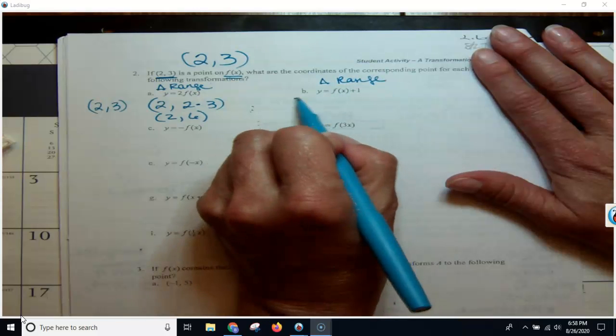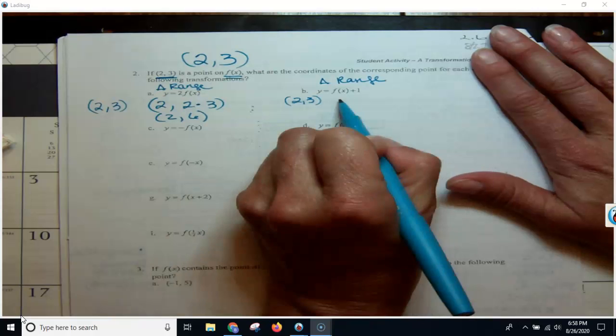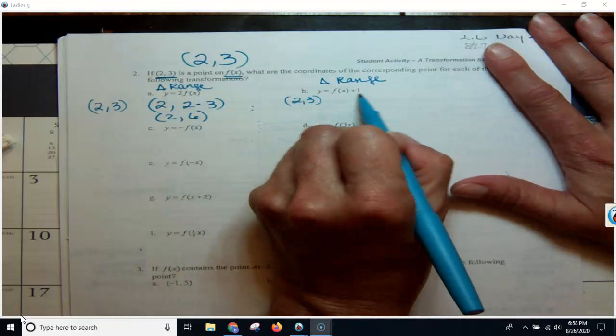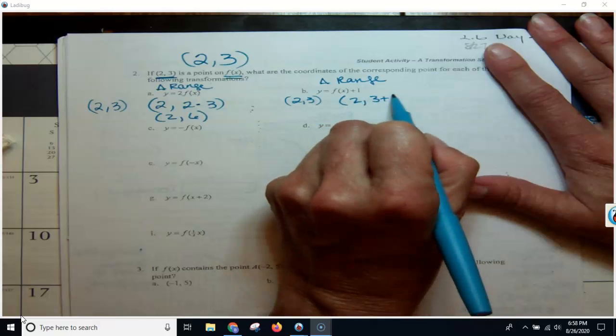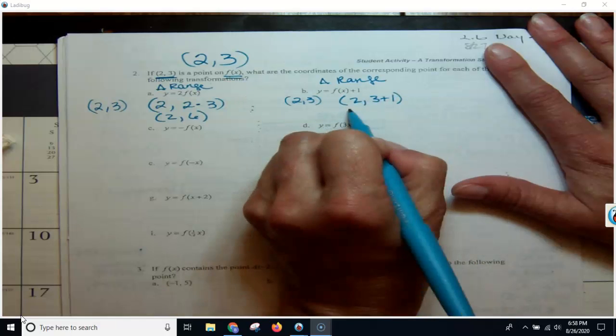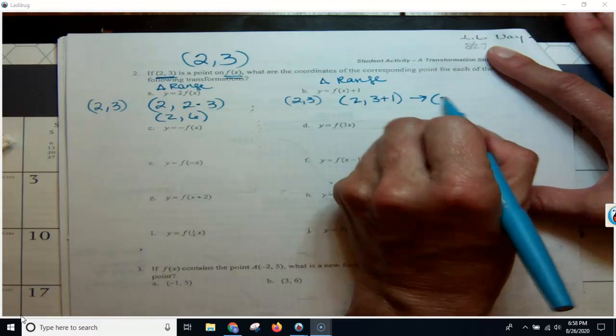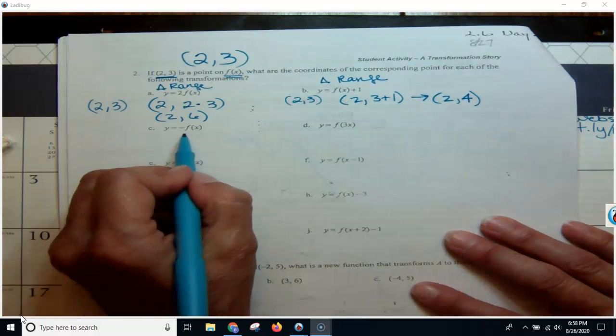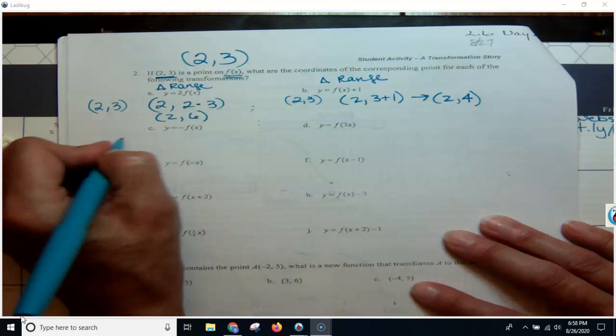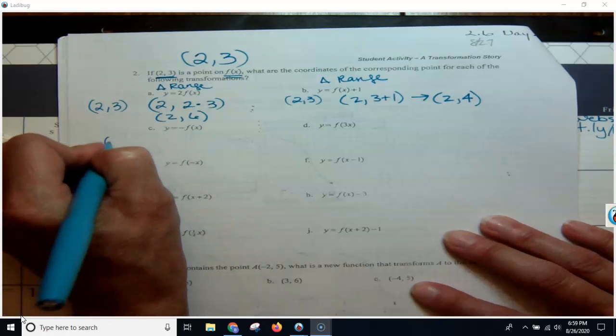My original point was 2, 3. I'm going to add 1 to the range. So my new point is 2, 4. Here, again, it's a negative, so my original point is 2, 3.